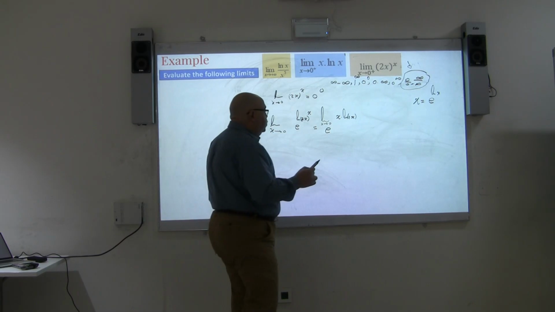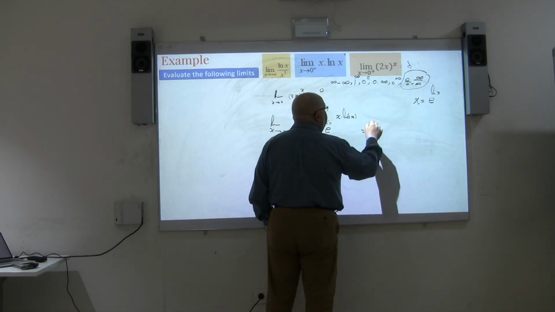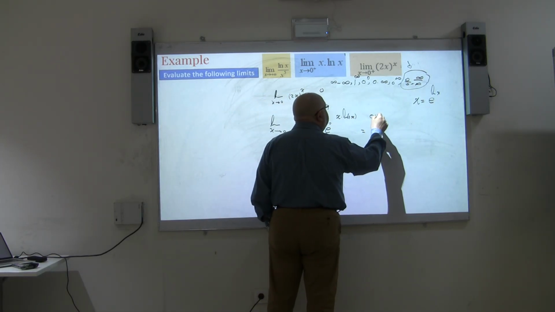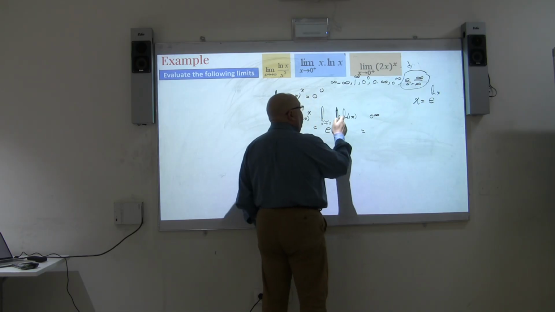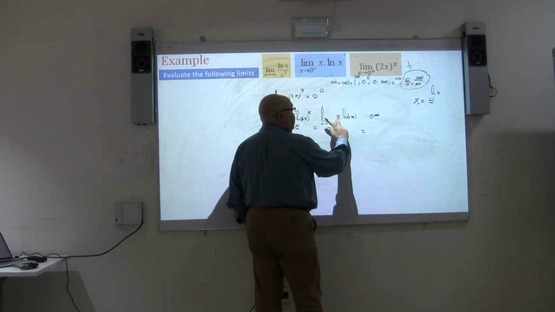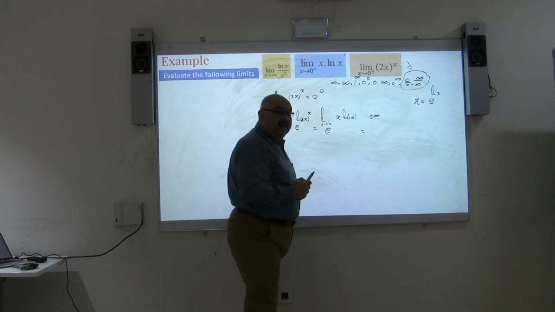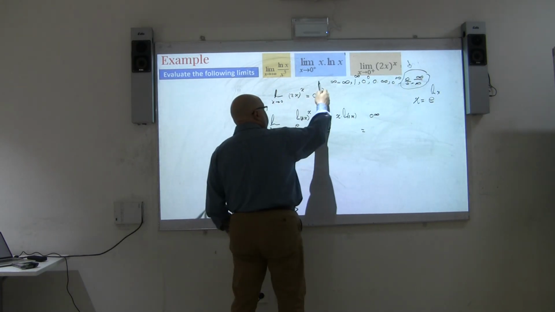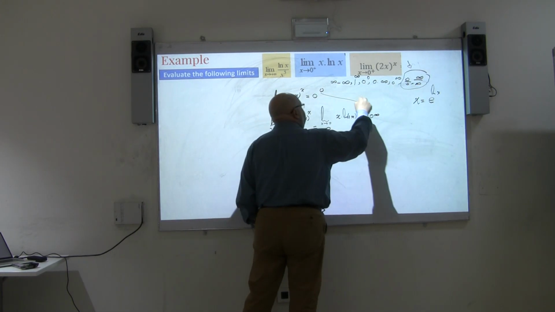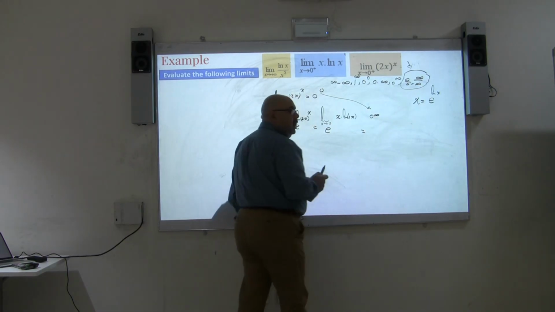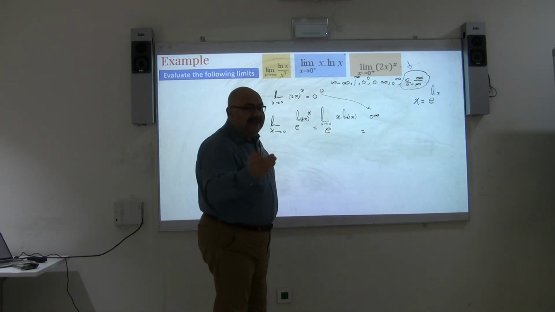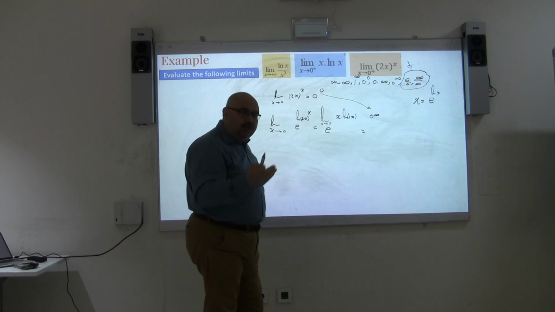So if you make a substitution once more, you will find the limit changing to be 0 times infinity, because once you start substituting, the value of x will be 0, and then ln of 0 is equal to infinity. So instead of having 0 to the power of 0, I changed it to be 0 times infinity, and still I can't use Cauchy or L'Hopital.